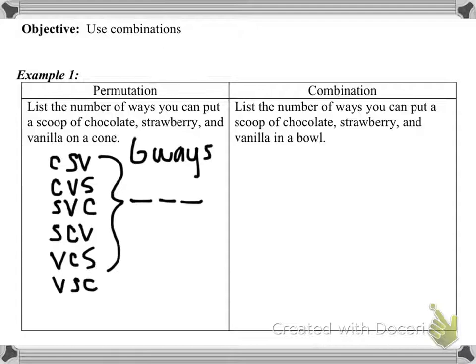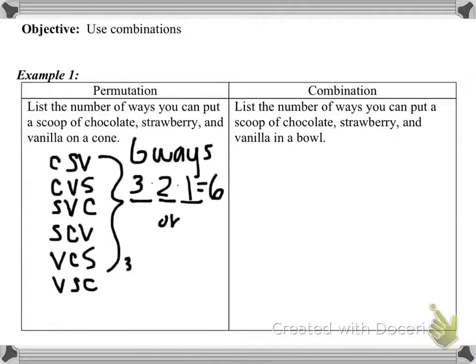Now if you use the method where you're using spaces, there are 3 spots for these ice creams. For the first one you have 3 choices, then 2, then 1. So mathematically you can also come out with the number 6.